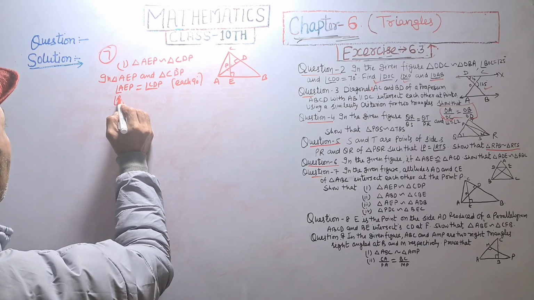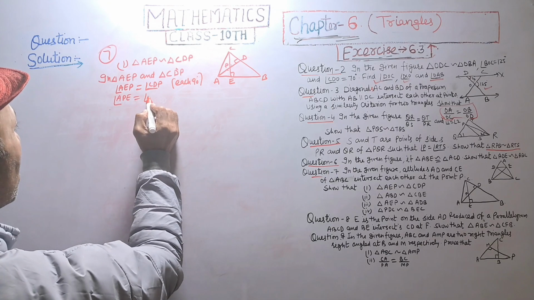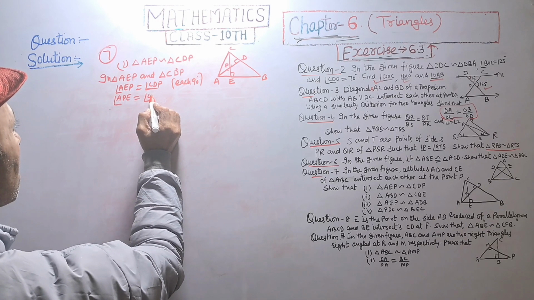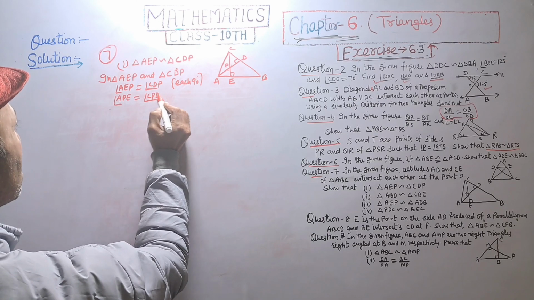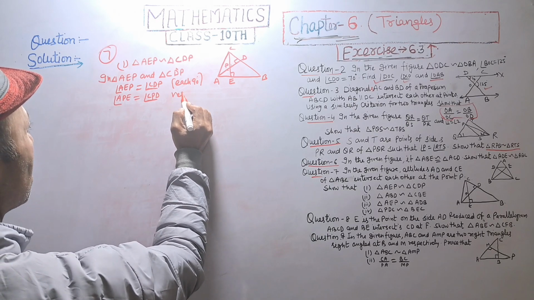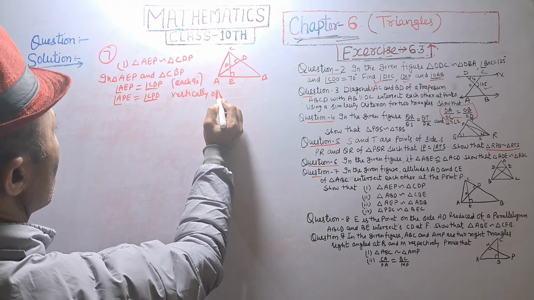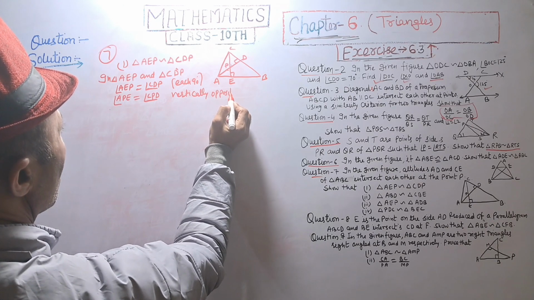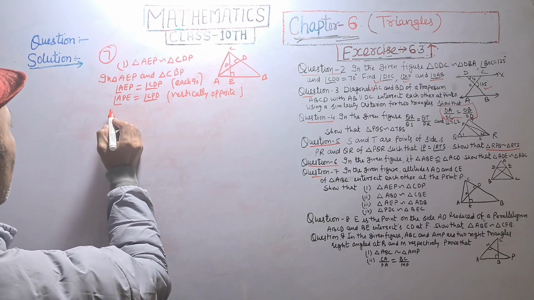Angle APE is equal to angle CPD, vertically opposite angles.